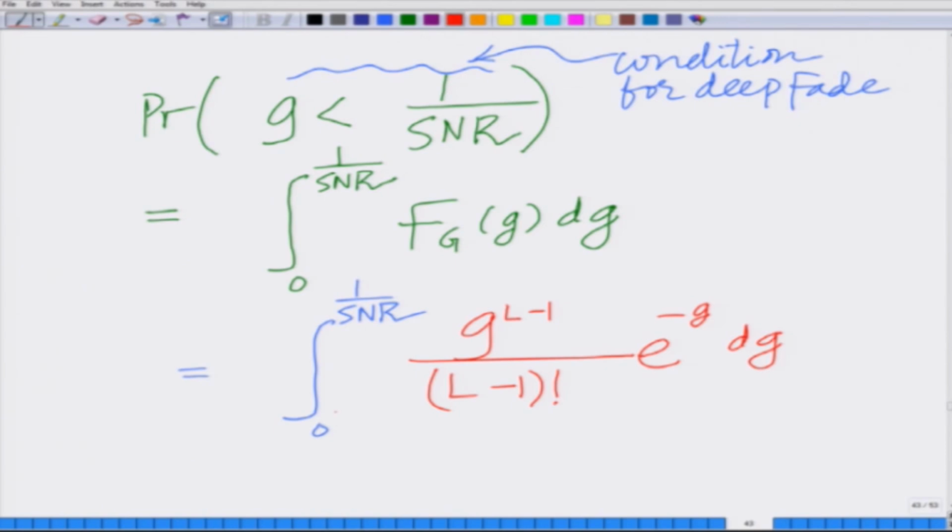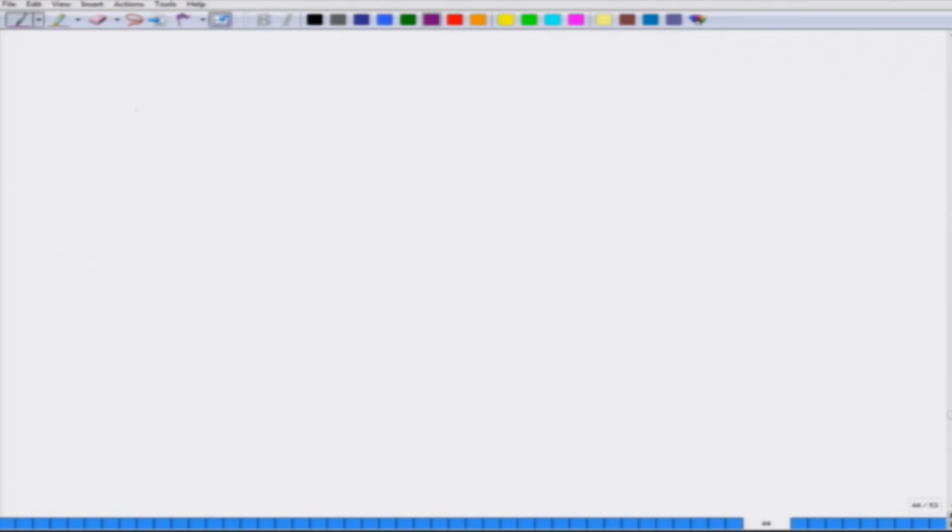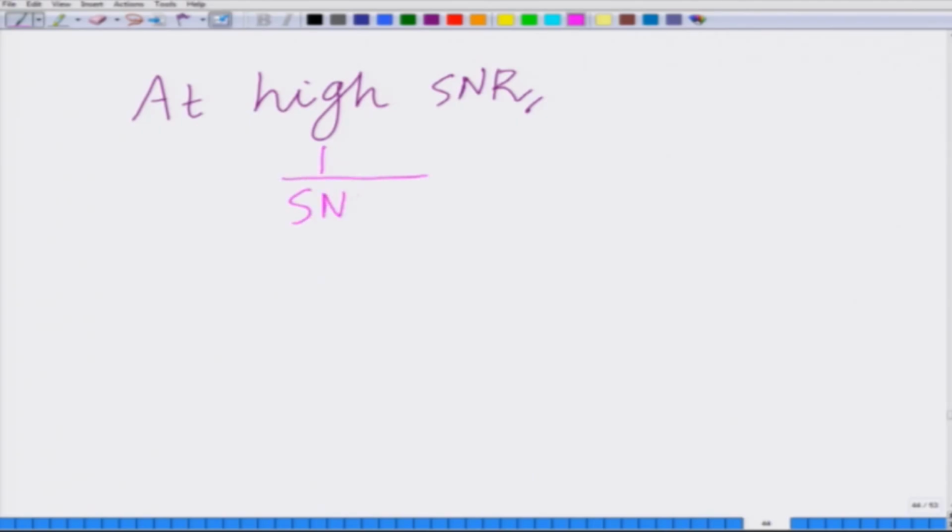And now you can see that at high SNR, which means SNR is tending to infinity, 1 over SNR is approximately 0.